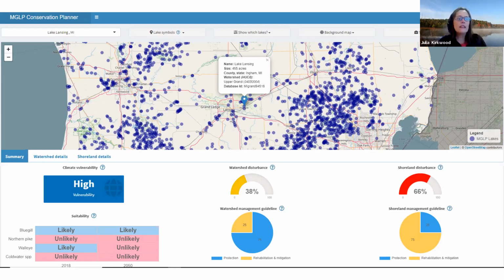And the thing about this slide is that when you start looking at, okay, we're at like 66% disturbed, what do we do? The next piece of that is, how much effort do you put into restoration or mitigation or protection?